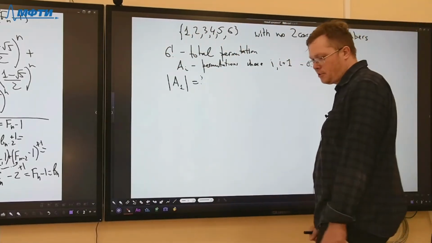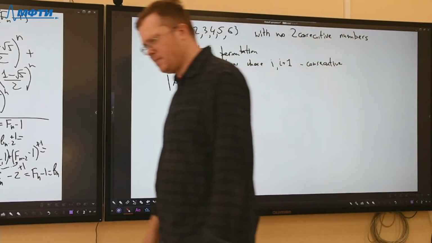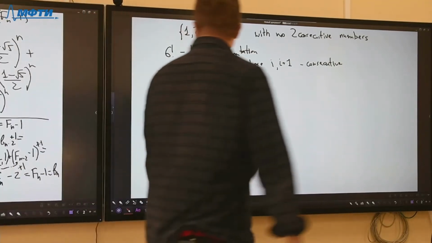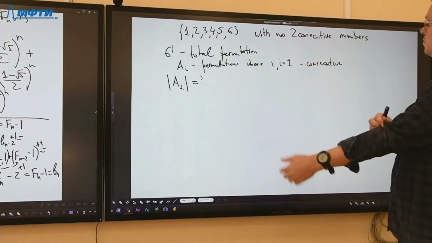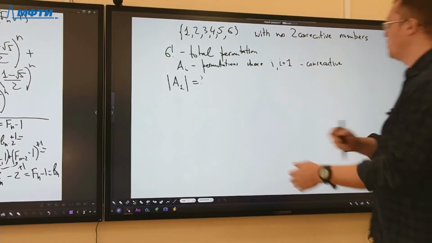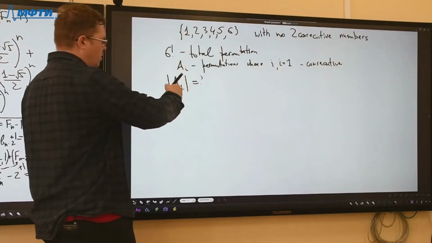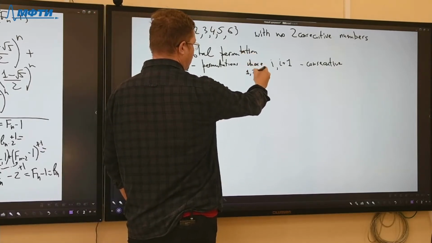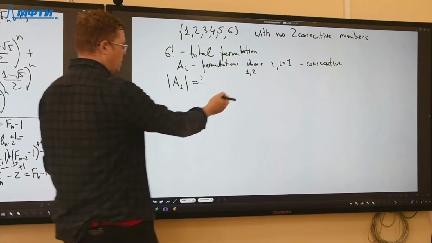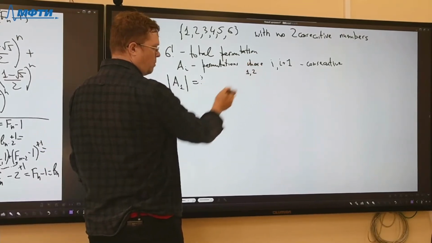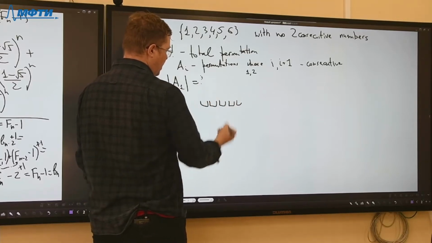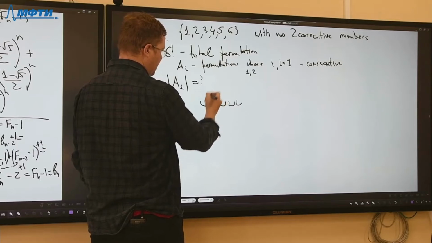How many permutations do you have when you have one pair? For example, if you want to calculate the number of A1, the permutations where 1 and 2 are consecutive, you just suppose that there is one number, so you have 5 places, and in one place you put 1, 2, and the other places you fill with other numbers.